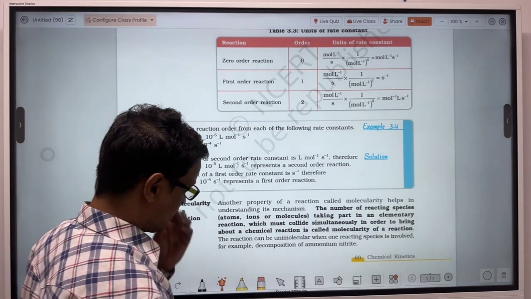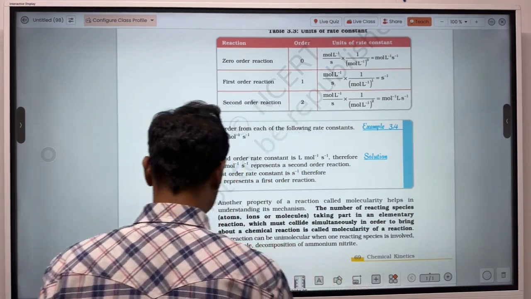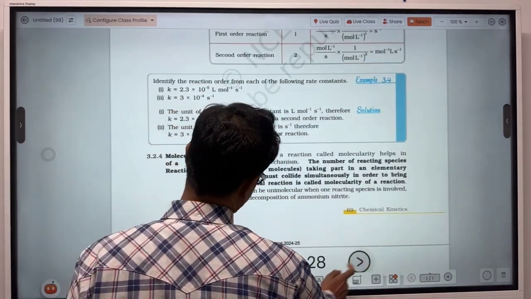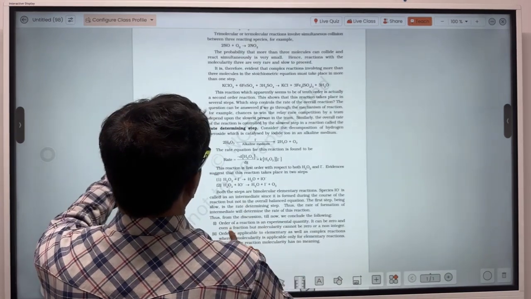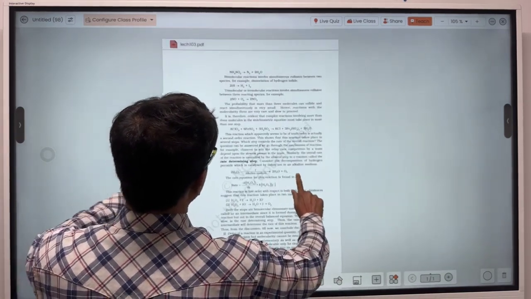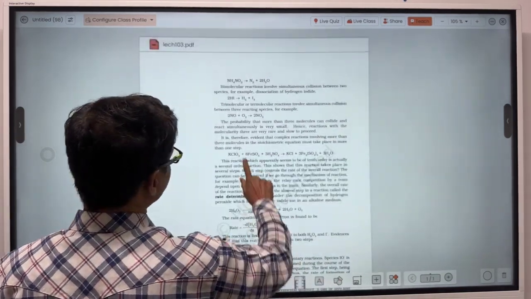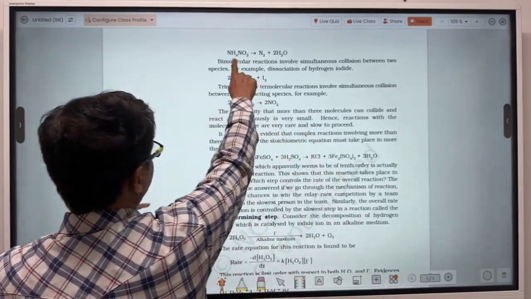Now, what is a complex reaction? We have also discussed that. Let's see an example.